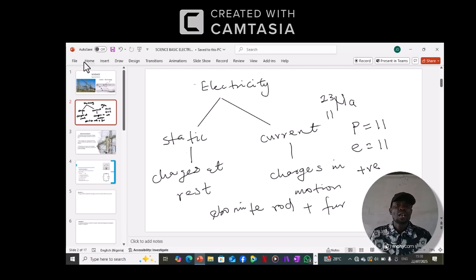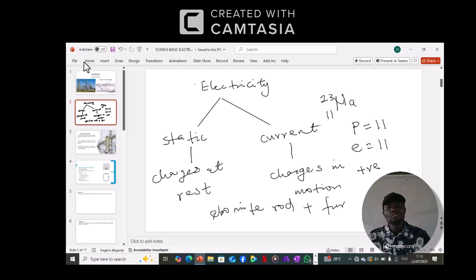Then another method is by contact. When you place a charged body in contact with a neutral body, electrons are transferred from the charged body to the neutral body. I'm just trying to give you a kind of revision on static electricity.